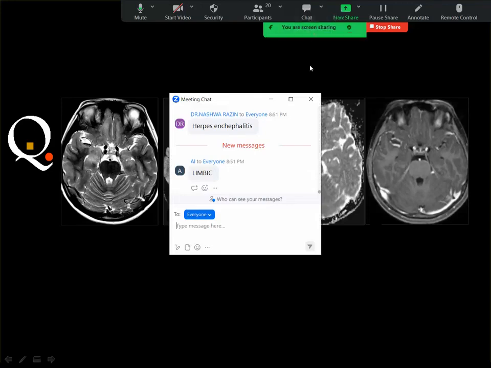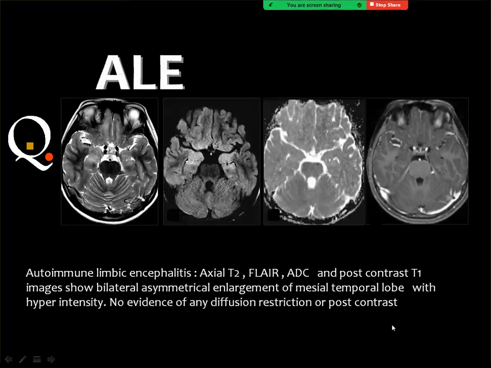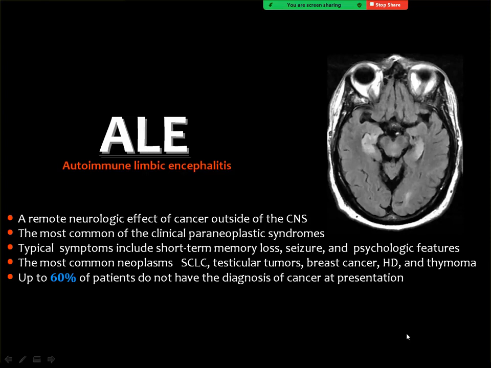And this is, yes, very good, characteristic of limbic encephalitis, which is an autoimmune disease resulting in bilateral symmetric involvement of the region of the hippocampus and the amygdaloid nucleus, and it does not show diffusion restriction and also does not show post contrast enhancement, while the herpes encephalitis will show diffusion restriction.